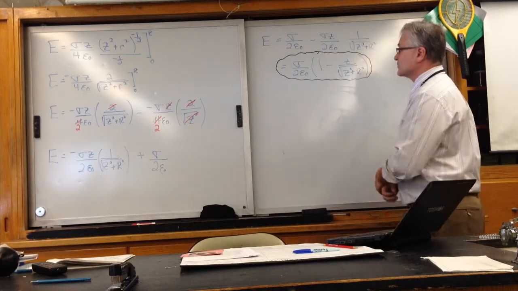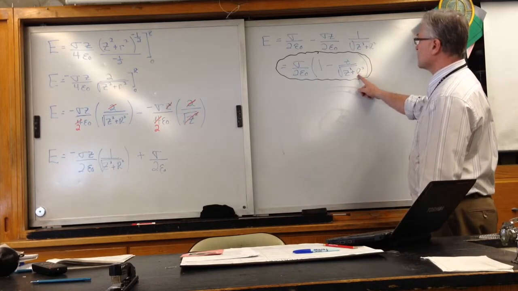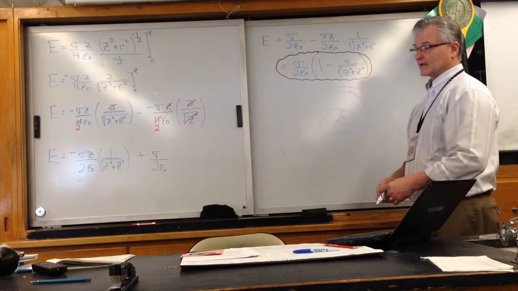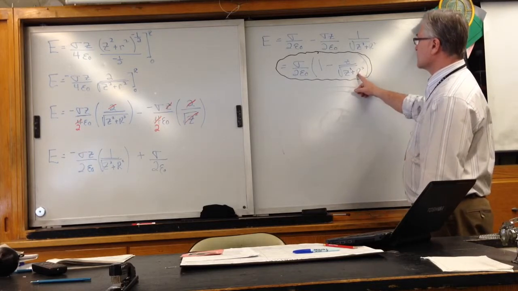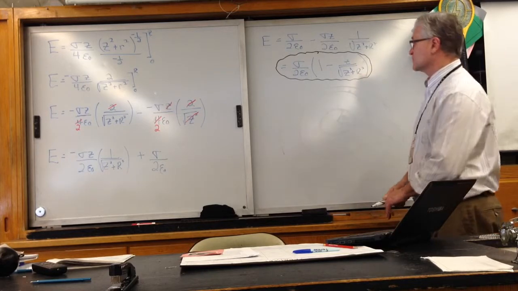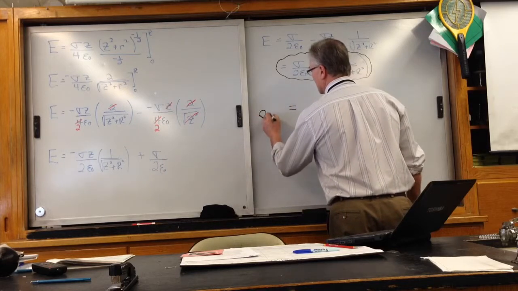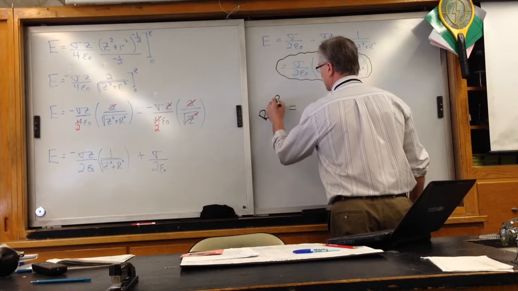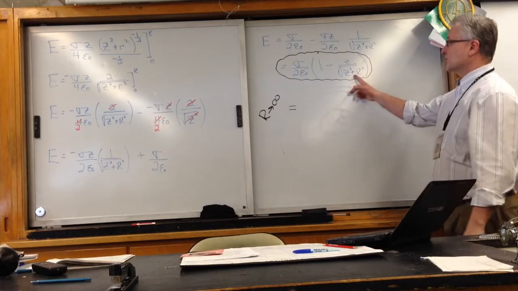Now let's look at the consequences of that in this formula here. As r gets larger and larger, what's actually going to happen in this particular situation? Well, as r approaches infinity, like so, isn't this denominator going to get really, really large?